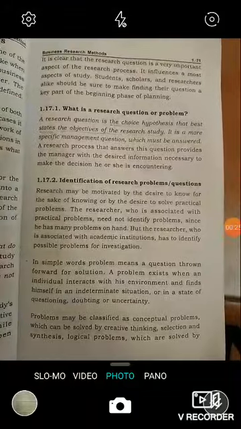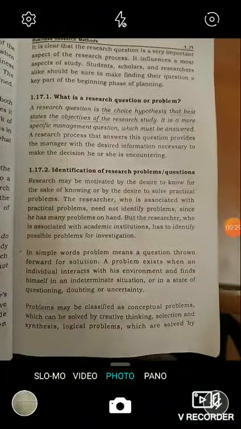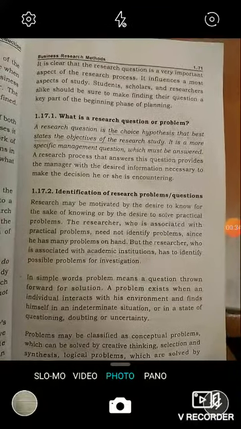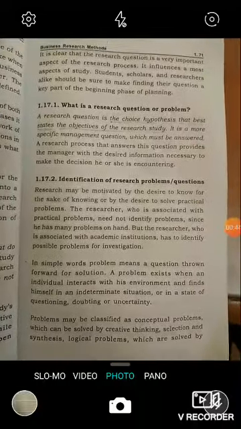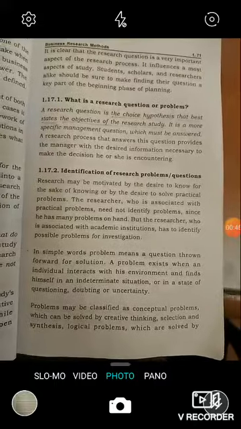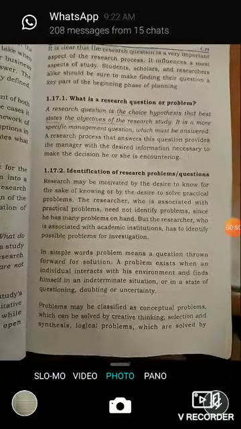Research problem or question is called as choice of hypothesis that state the objective of our research. For what purpose we are going to do a research, that has to be there in the research questions, or that is called as research problem.